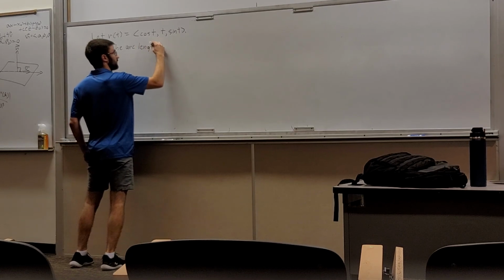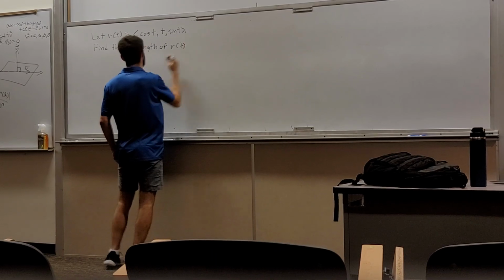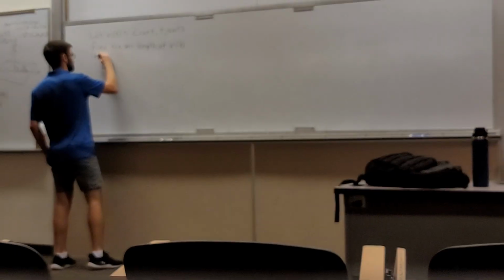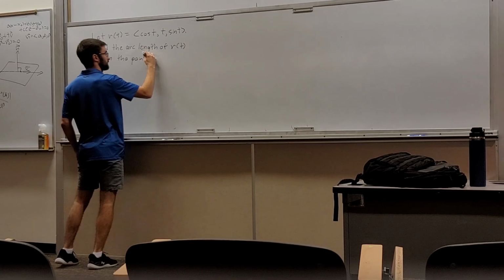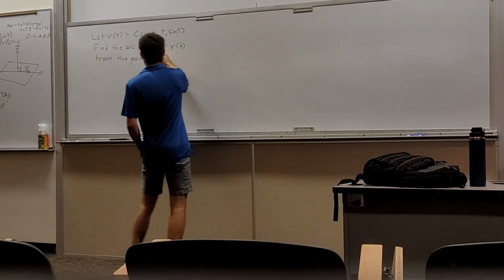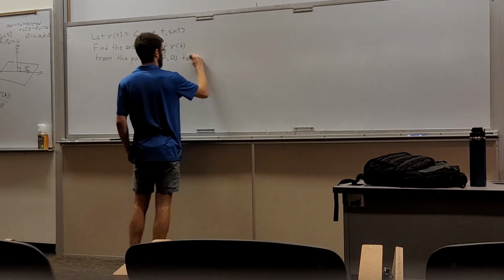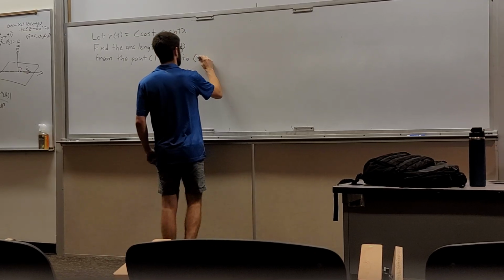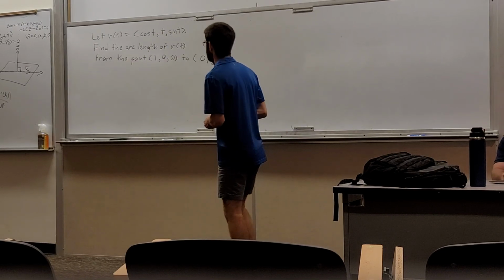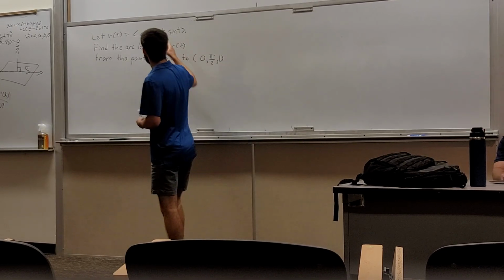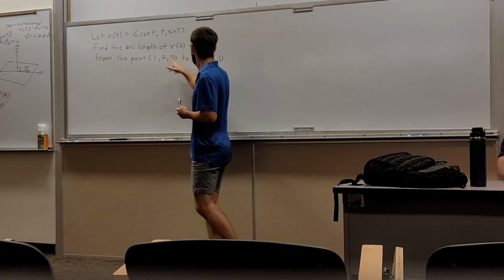For the previous problem, what was the answer for K again? Okay, so we have this curve here, and we want to find the arc length of it from this point to this point.